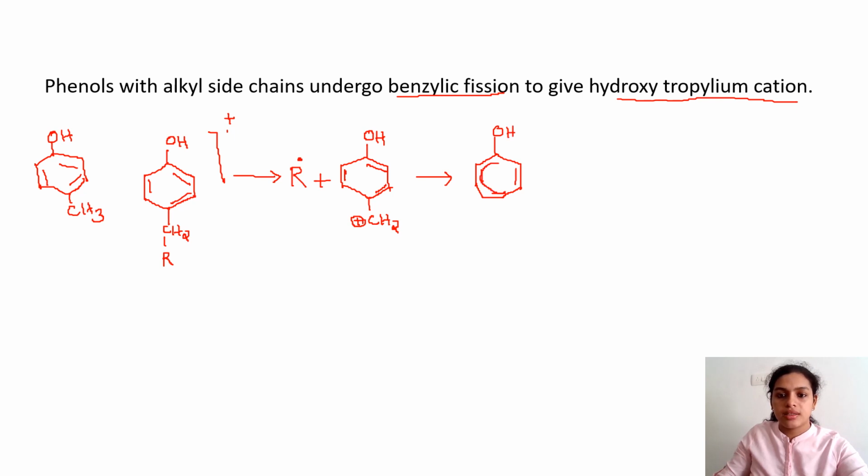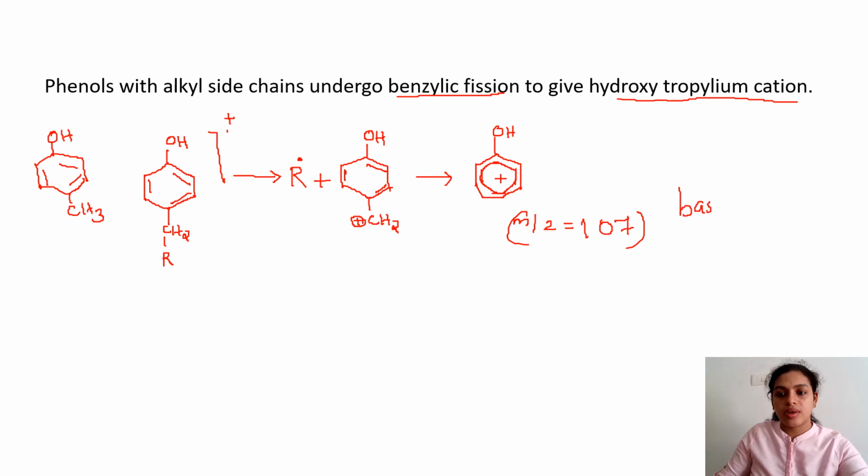You will be writing it like this, with a positive charge, right? This is the hydroxy tropylium cation. Its M by Z value is 107. Here also this fragment will have the same M by Z value, but that one on rearrangement gives you the peak at M by Z value 107.